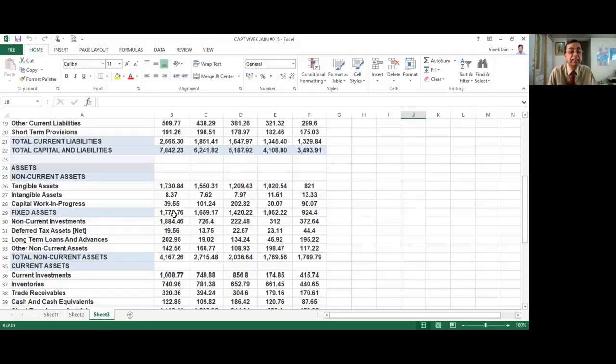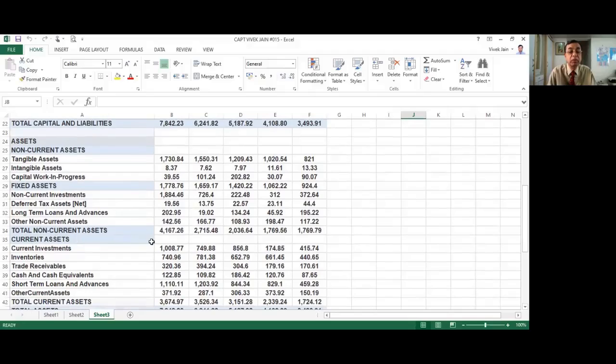Then you have fixed assets, non-current assets, long-term loans and advances, and other non-current assets, which totaled up to 4167. Now, the difference of 7842 total liabilities and total non-current assets becomes current assets.